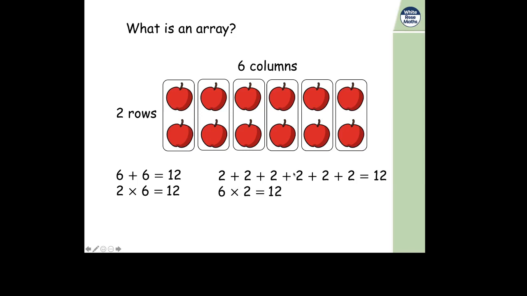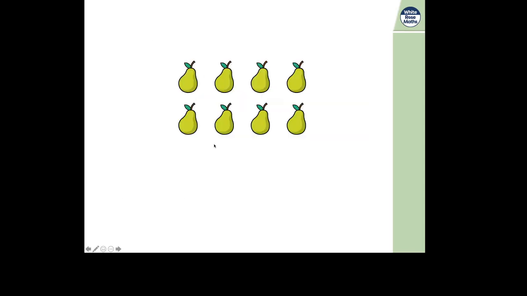So for every single array, you can have 2 addition number sentences using repeated addition and 2 multiplication. And you'll notice with the multiplication, they've been switched round. Whereas with the repeated addition, you're looking at what's in the rows and the columns.